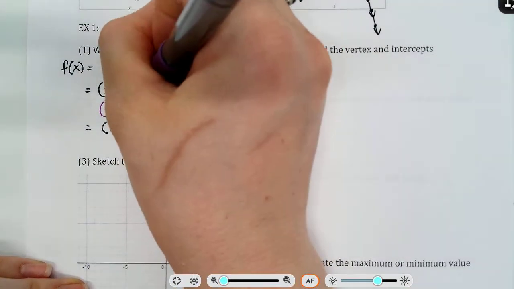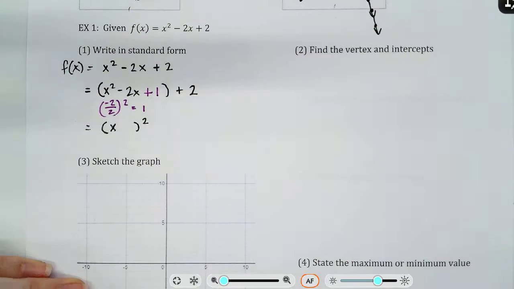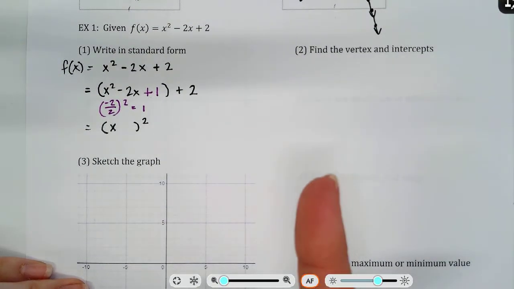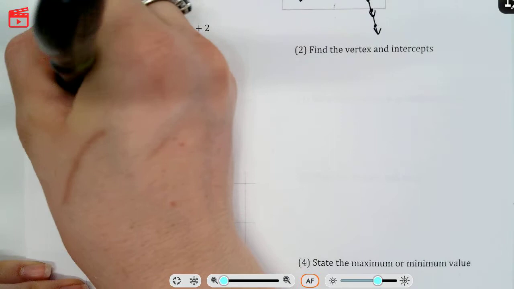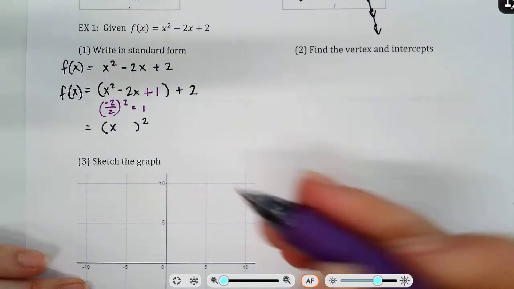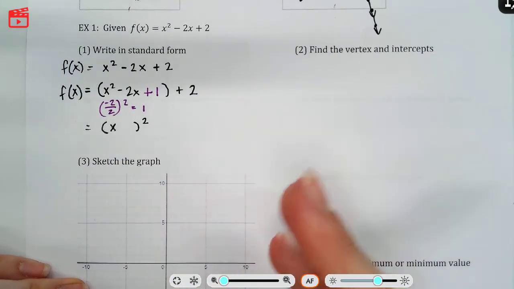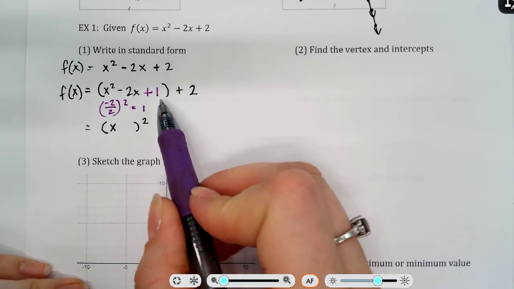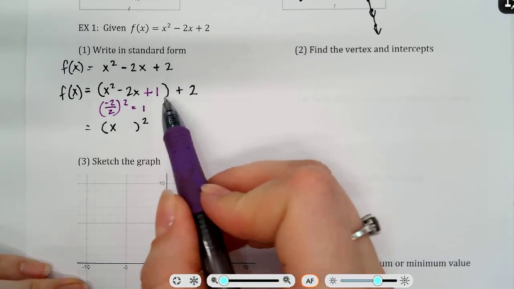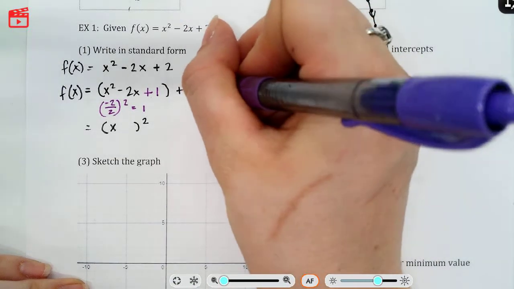So we're going to add 1, but we have just changed the problem. Normally we would add 1 to the other side, but I want to leave f(x) by itself. I don't want to be adding 1 to this side. So, to be very sneaky, if I add 1 and I don't want to change my problem, I could just subtract 1.